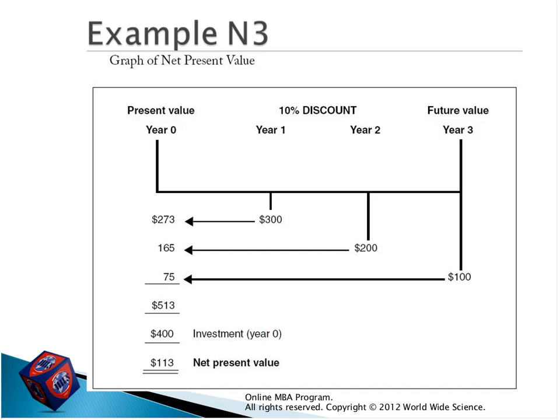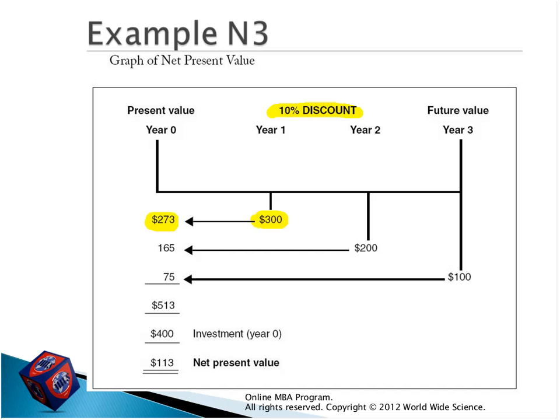Based on this example, we first have to find the present values of the coming profits. For the first year, based on the cash flow statement, we should receive $300, but at the discount rate of 10%, after calculation our present value of the future profit would be $273 only.